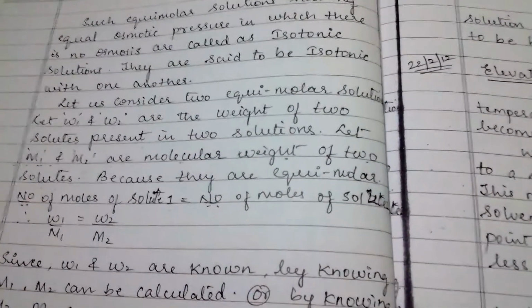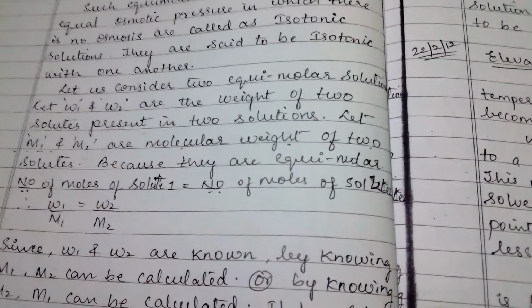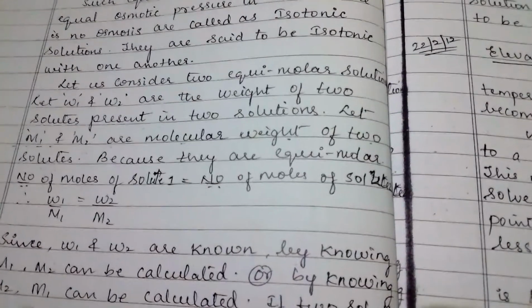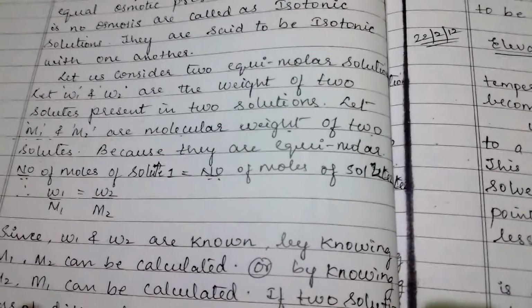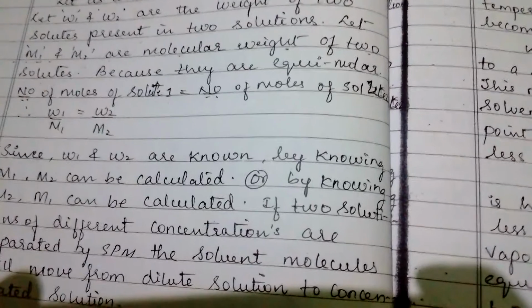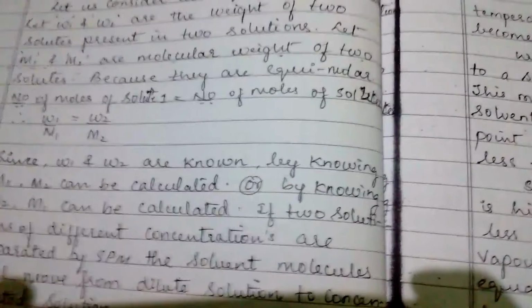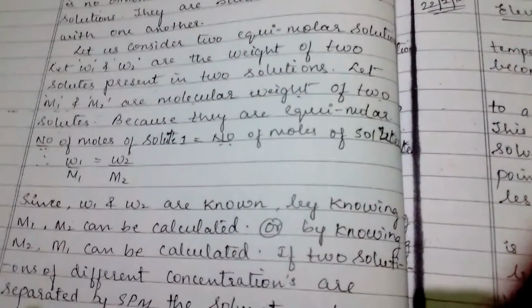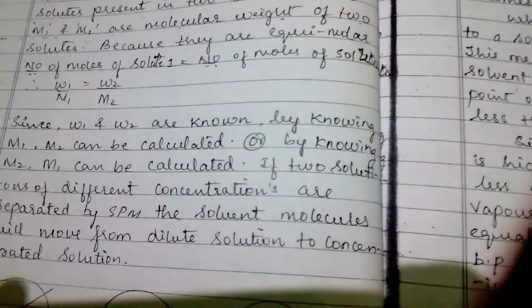Let us consider two equimolar solutions. Let W1 and W2 be the weights of the two solutes present in the two solutions. Let M1 and M2 be the molecular weights of the two solutes. Because they are equimolar, the number of moles of solute 1 equals the number of moles of solute 2.